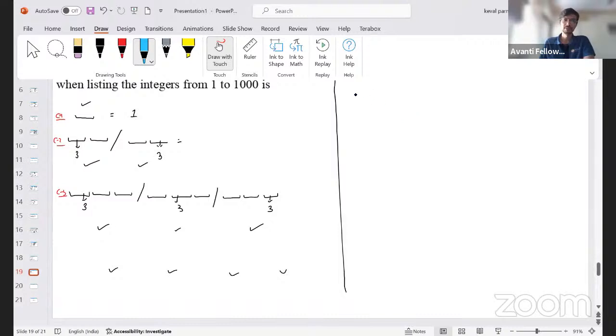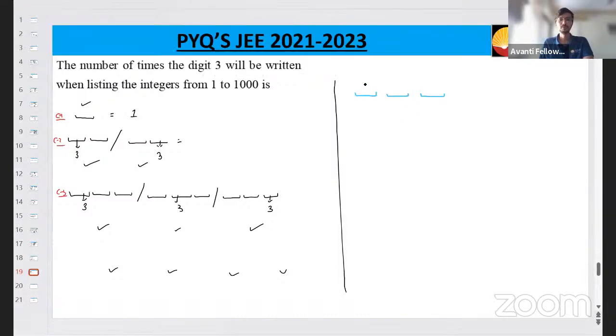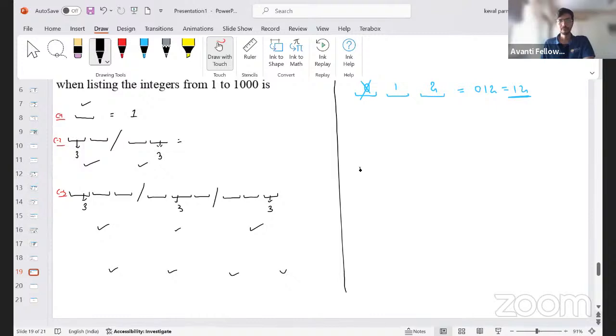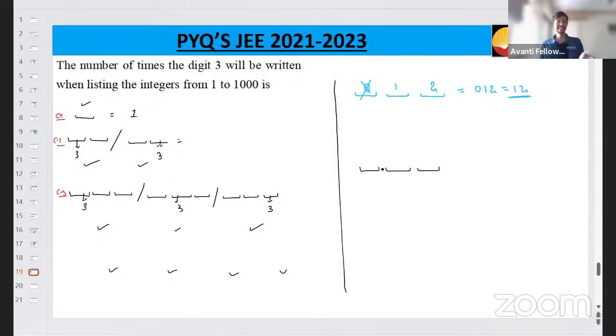If we have 3 digit numbers, and if we put 0 in the first place, is this a 3 digit number or a 2 digit number? Obviously, guys, this is basically the number 0 1 2, which is nothing but 12. So it's a 2 digit number, right? Because 0 was in the first place. So by using the same logic, whenever 0 comes in the first place, the number will become a 2 digit number.